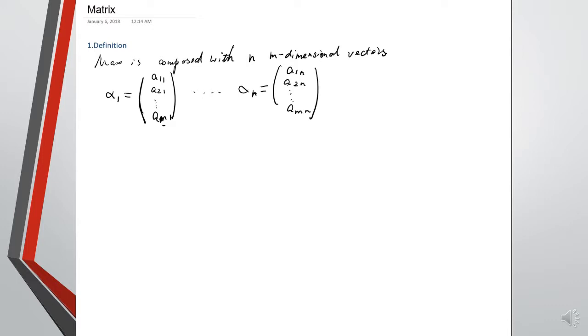Okay, so the first subscript is the indicator of the row and also the dimension of the column vector. And the second subscript is the indicator of the column, or say which column vector you're talking about.